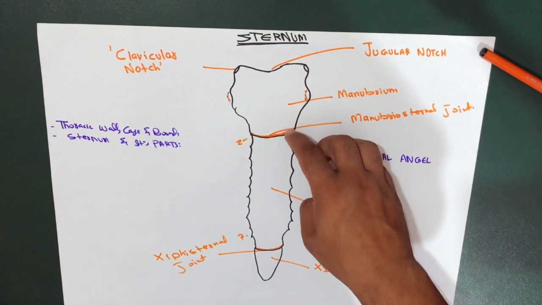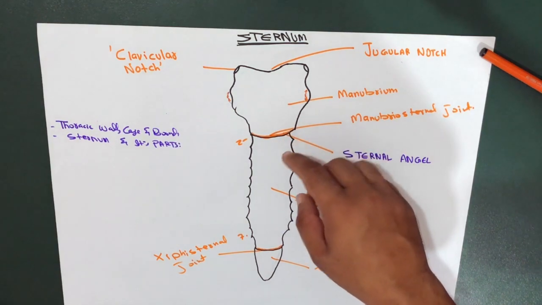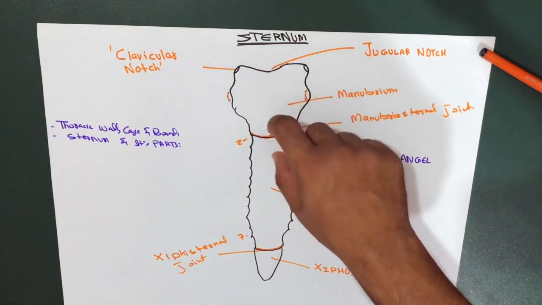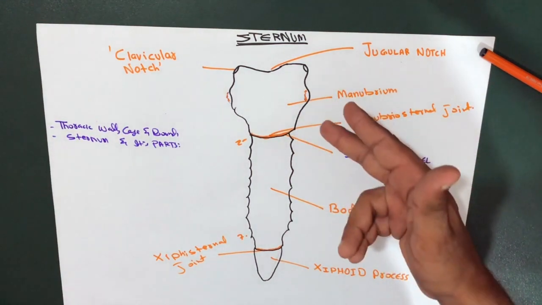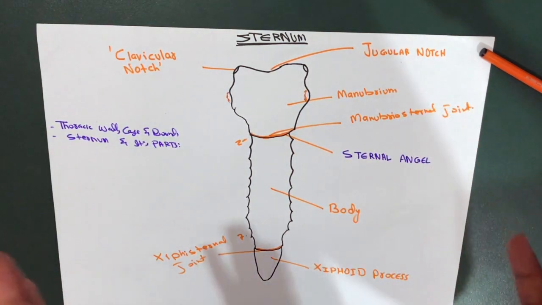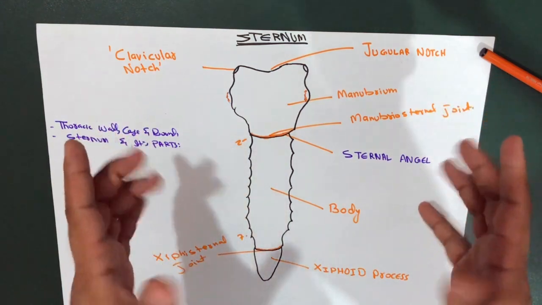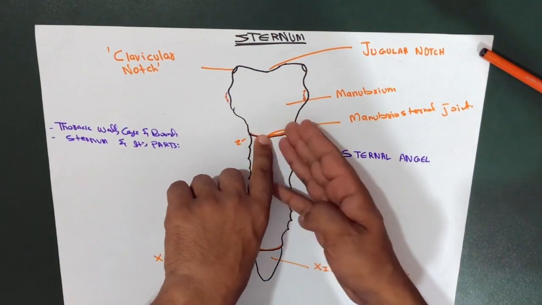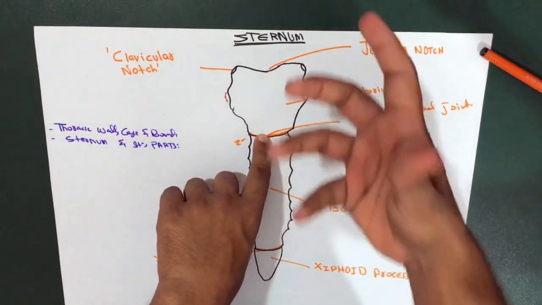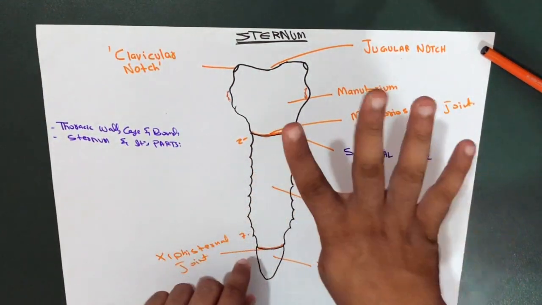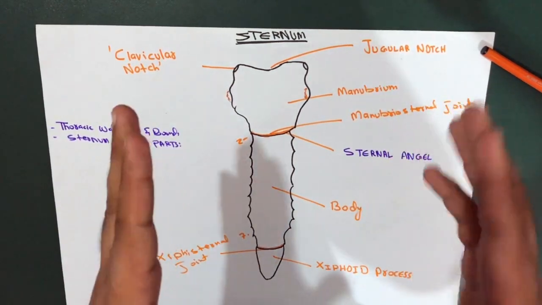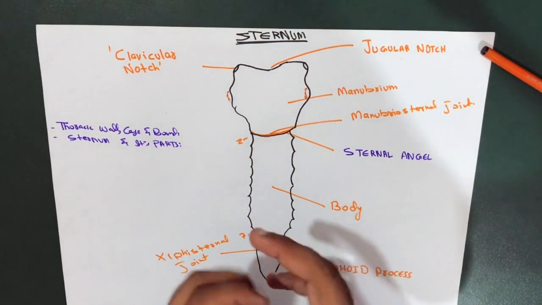It is halfway, somewhere like this. And this angle lies opposite to the intervertebral disc between the 4th and 5th thoracic vertebrae. I have already talked about what opposite means on the vertebral side.